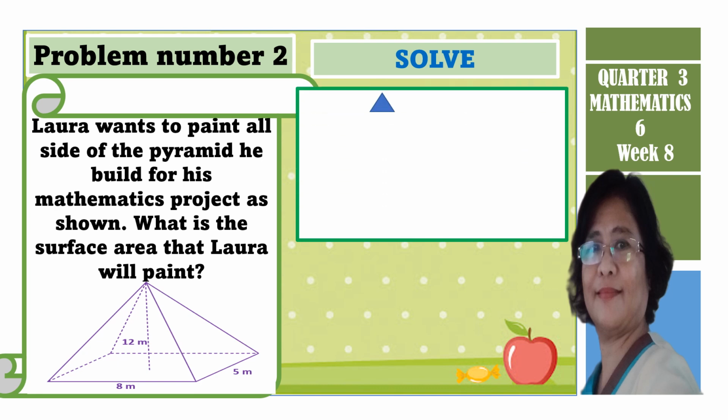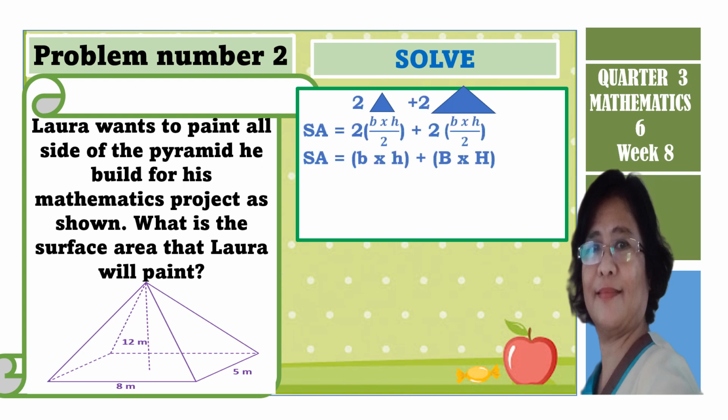Okay, so we all know that the rectangular pyramid has 2 congruent faces, the small triangle and the big triangle. And our formula will be base times height for the small triangle and base times height for the big triangle. So just substitute the formula with the given numbers from the problem.